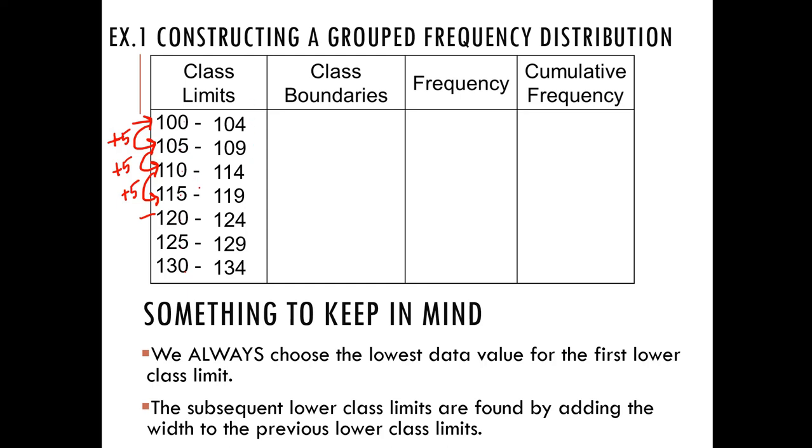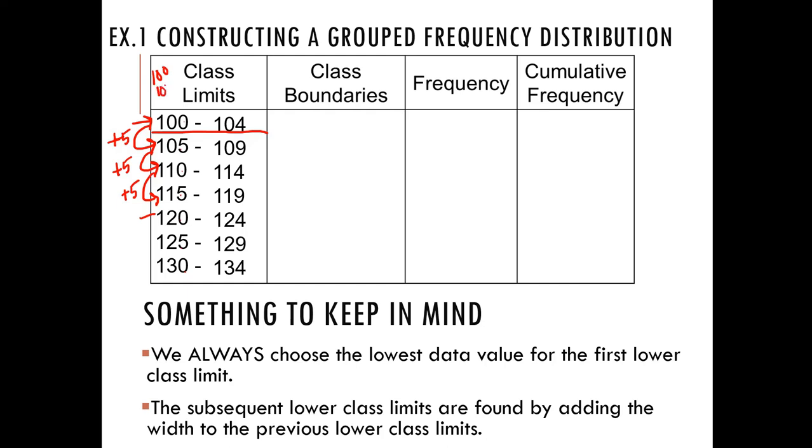So when we say add the class width down, why are we adding it down instead of across? Because when we talk about including the numbers in our classes, that's how wide our class width is. So if we look at this first category of data points, we're saying any state that had a record high temp between 100 and 104 will be classified or organized into this first row.